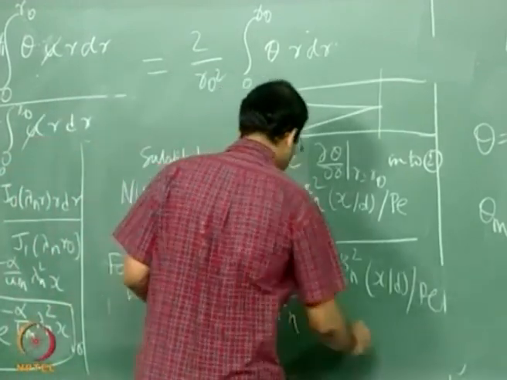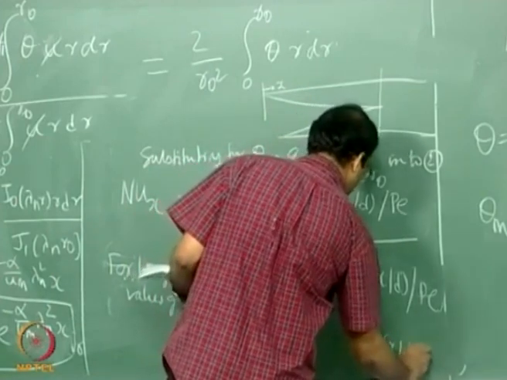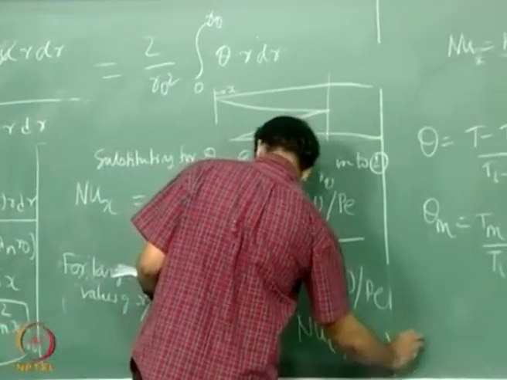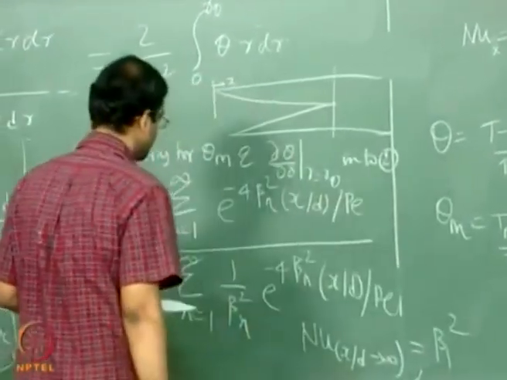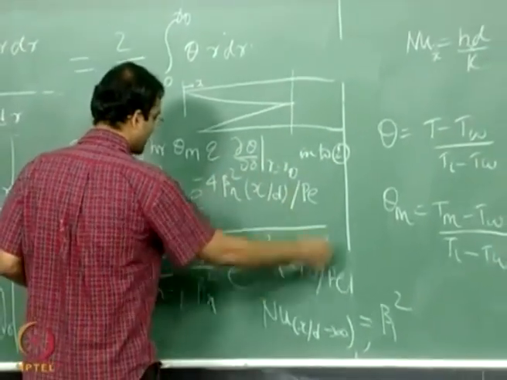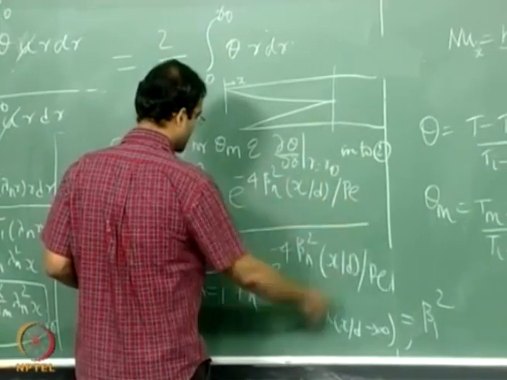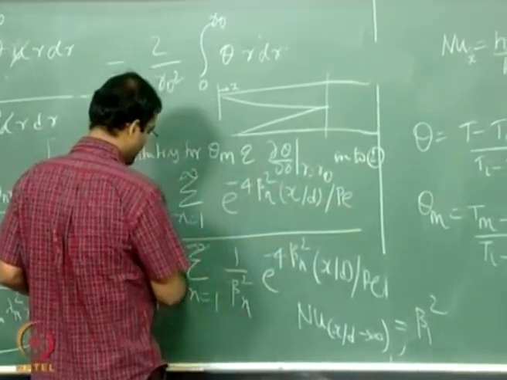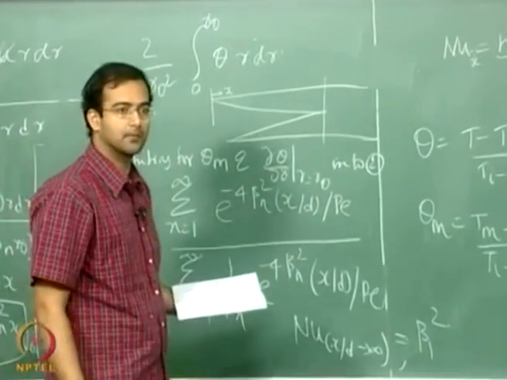So that will reduce this, Nu for x by d going to infinity, to just beta 1 square. For large values this anyway will cancel off. You have this going to 0, this going to 0, you have only in the denominator 1 by beta n square, and only the first term will be the most significant term.